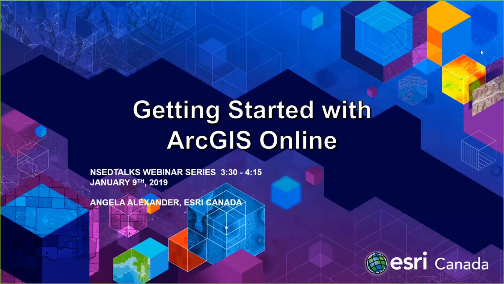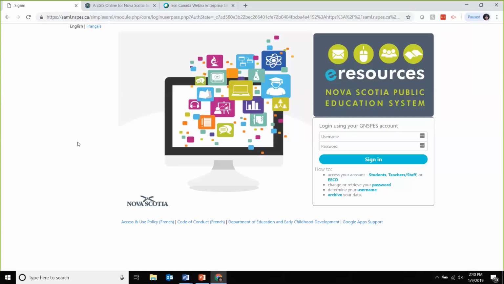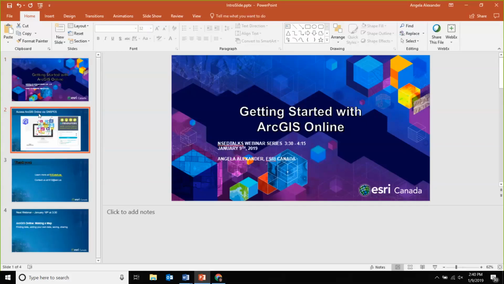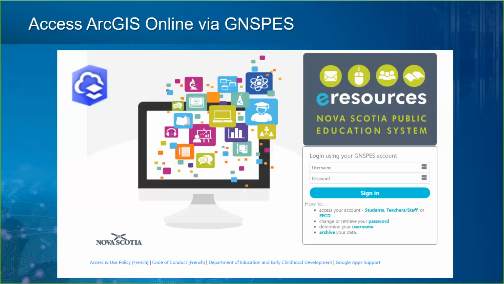So first you can sign in to your Google account through the GNSPES site. So that's this site here. And once you've signed in, you would look for the ArcGIS icon that's here, and it will take you directly into the site.